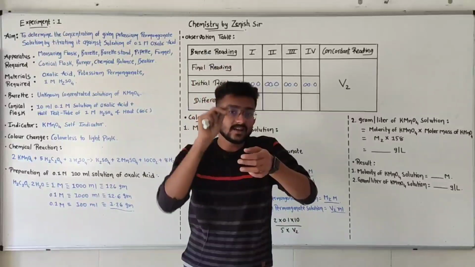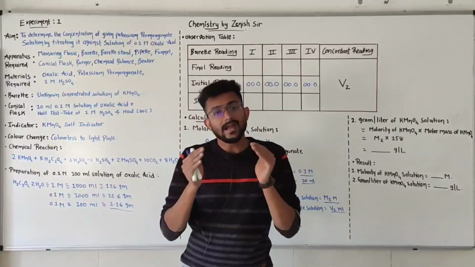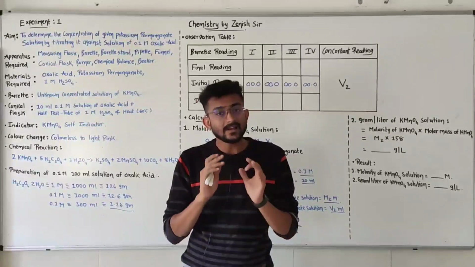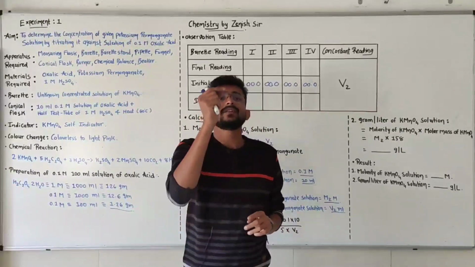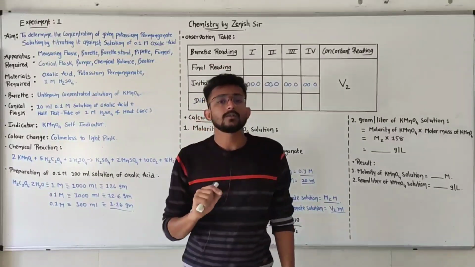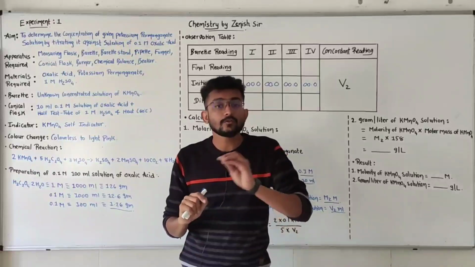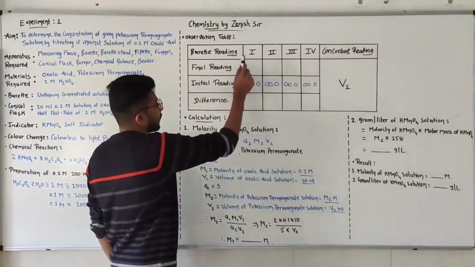As the reaction proceeds, the KMnO4 color disappears. At the end point, a light pink color is obtained, we stop and we look into the burette at what volume of KMnO4 is used, and that would be our final reading.